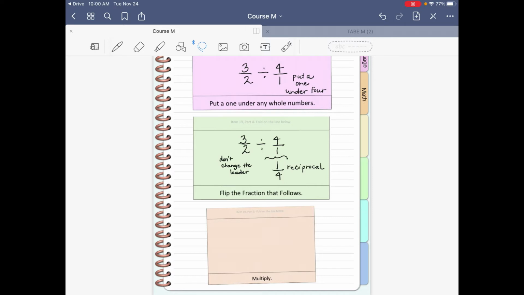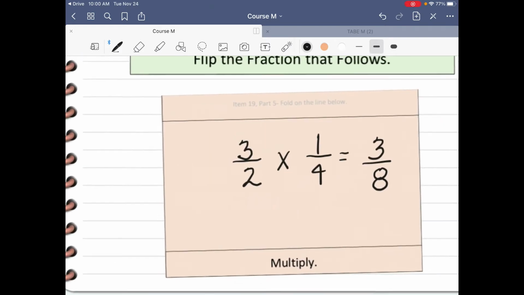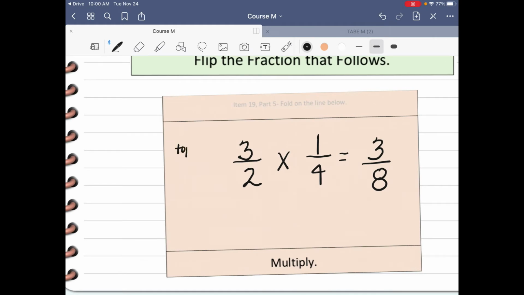So we have 3/2 times 1/4. Okay. So I get 3/8. 3 times 1 is 3. 2 times 4 is 8. So we're doing top times top, bottom times bottom.